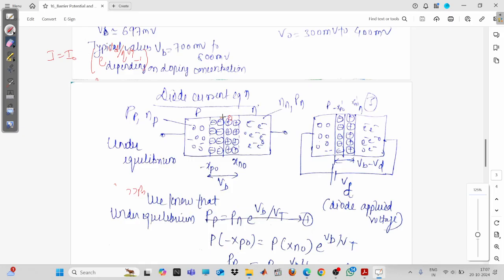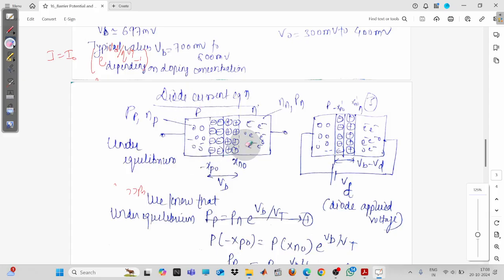The moment we join them, the electron will try to enter the outermost orbit of the atom, and due to that both the electron and the hole vanish. Because of that, you have this depletion layer, which is depleted of charge particles.